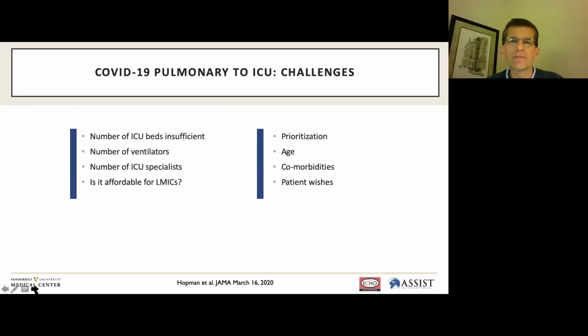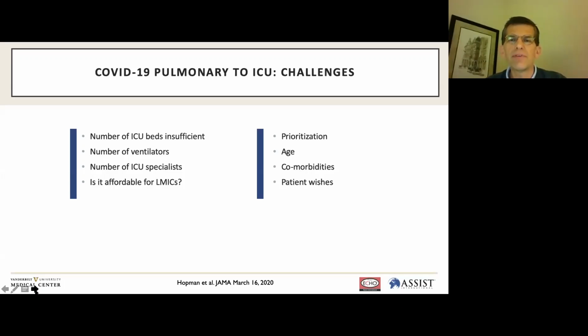Next slide, please. The challenges that we are facing are leading us to consider hospital management and prioritization of our strategies. How many beds do we have in the ICU? How many ventilators? How many ICU specialists, doctors, nurses, respiratory therapists?